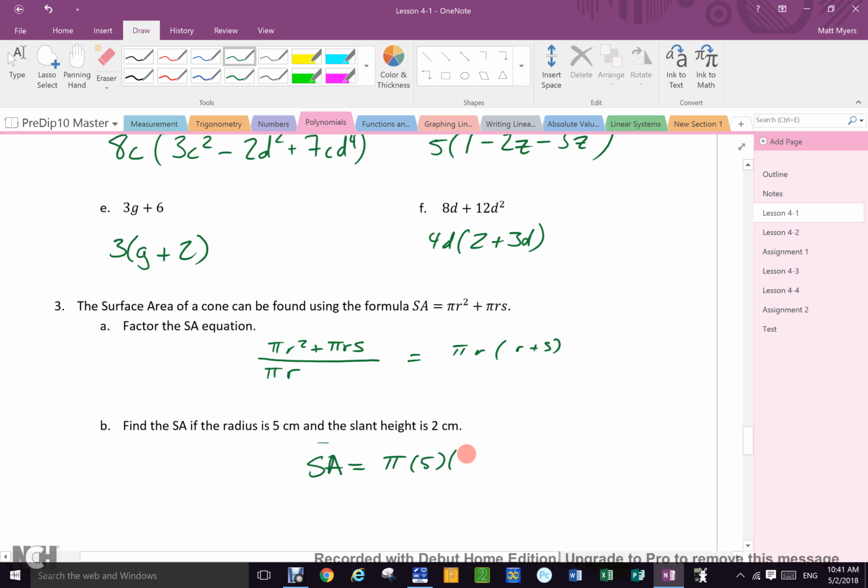Pi 5 plus 5. Which is? I know 5 plus 2 is a pretty complicated question. Pi 50. Yeah. Oh wait, 5 plus 2. Wait, what is it? 5 times 2 plus 5. Pi 35.